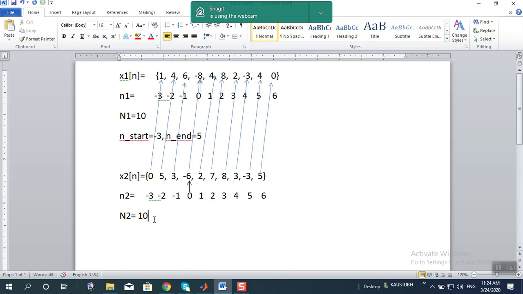Similarly here, n2 start was -2, and I will make it n1 end. This is n2, sorry, n1 end, and here n2 start is -2, n2 end is equal to 6.